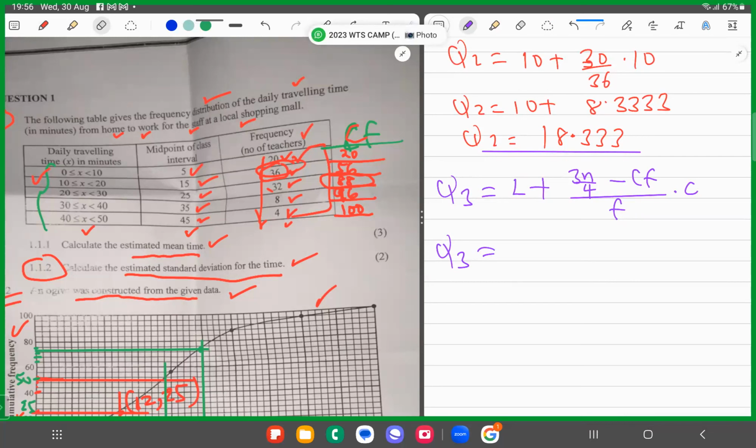Right, so what is the lower class boundary? What is the lower class boundary point? L. Lower class boundary point. So here you can say lower class boundary point. Okay, you need to write these things in your book.